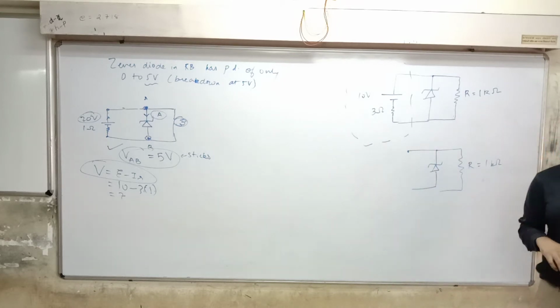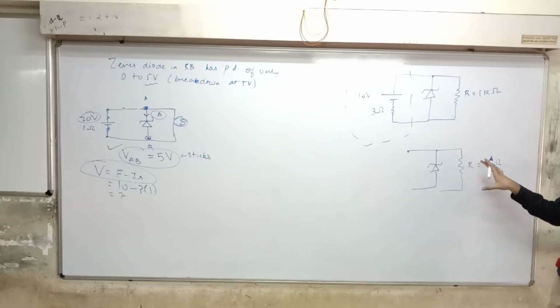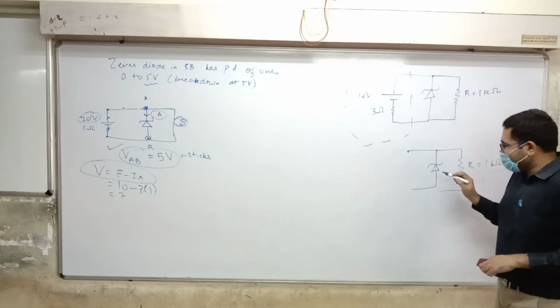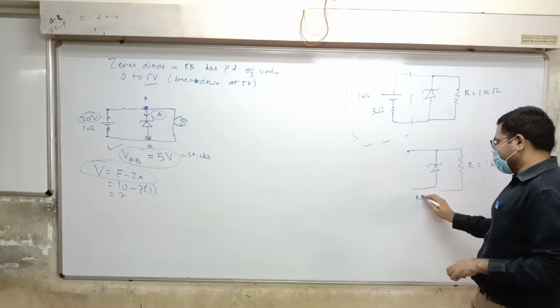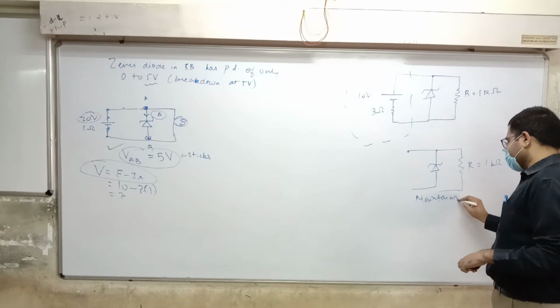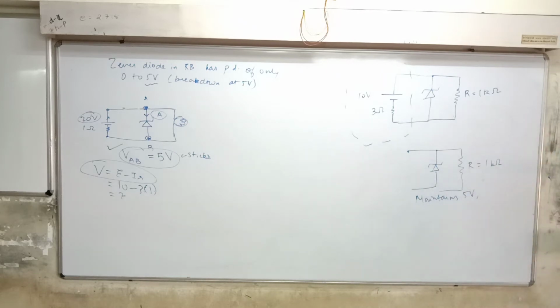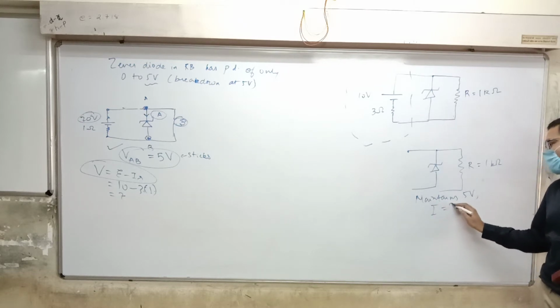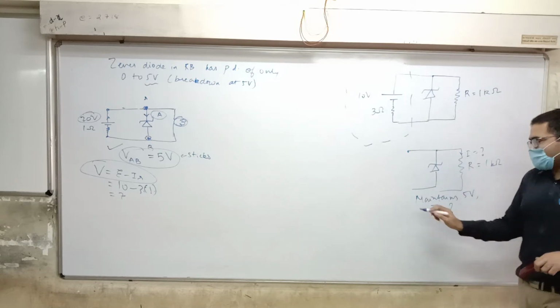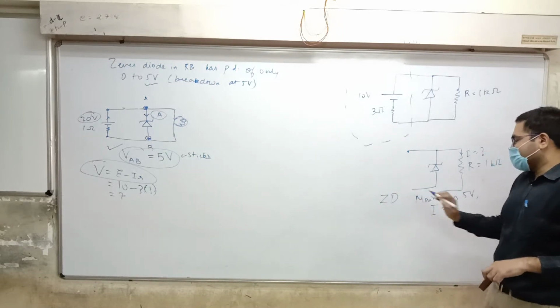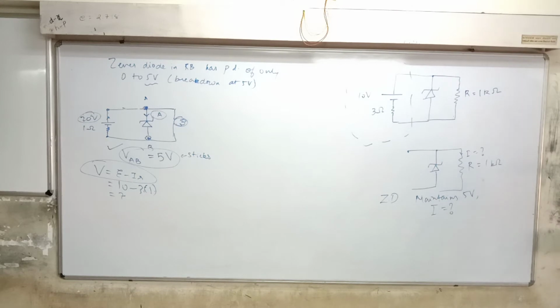Now, if I tell you that this Zener diode maintains 5 volt, then how much current will flow in this resistor? That's what you have to find.